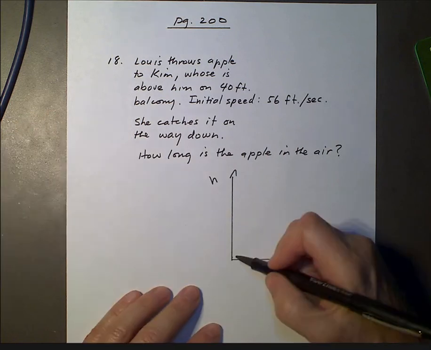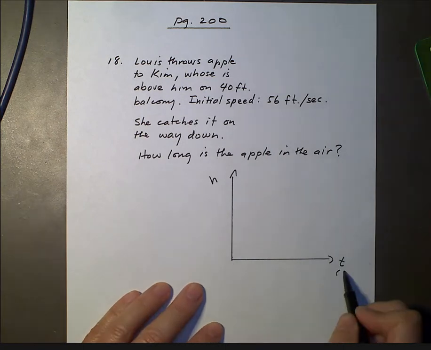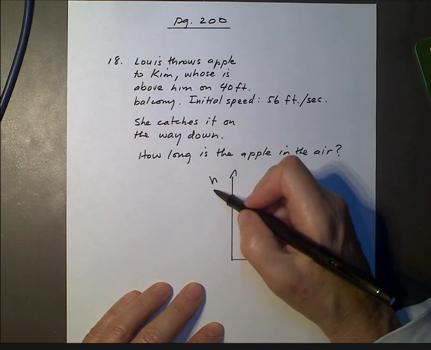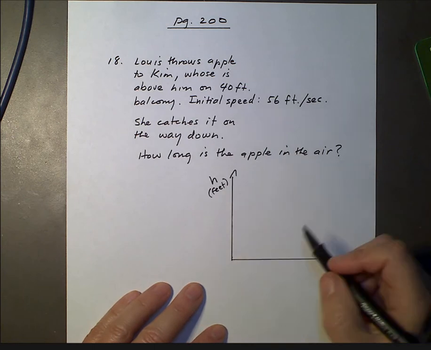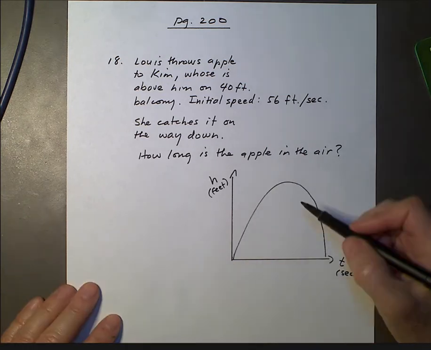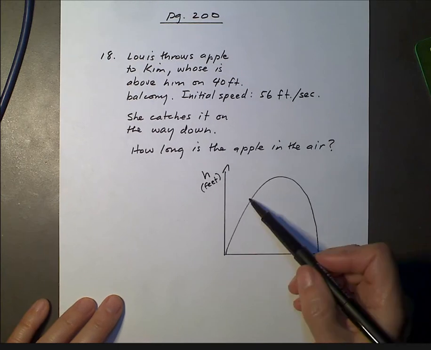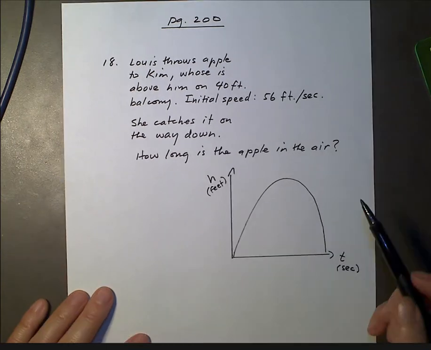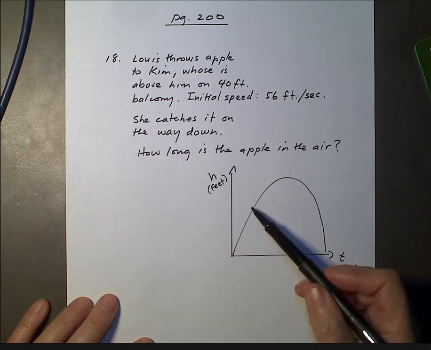In this relationship between time in seconds on the horizontal axis and height, in this case in feet, on the vertical axis, we get this parabolic shape. At any point in time we could figure out, based on the vertical motion model, which is a quadratic equation, how high the apple is.